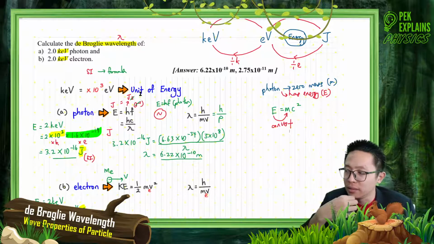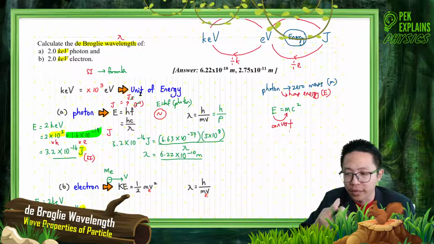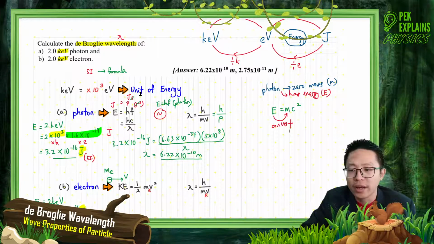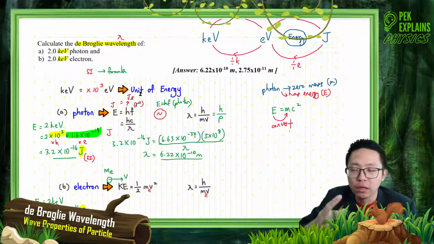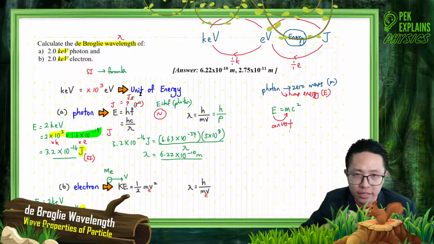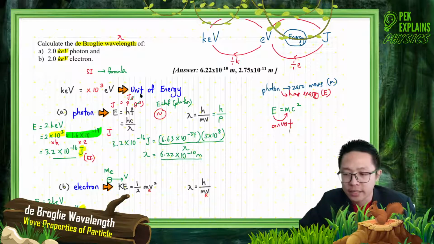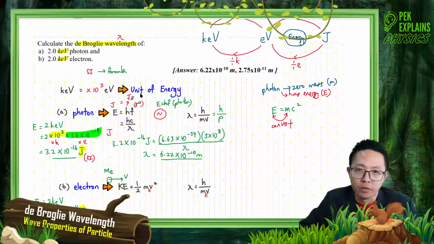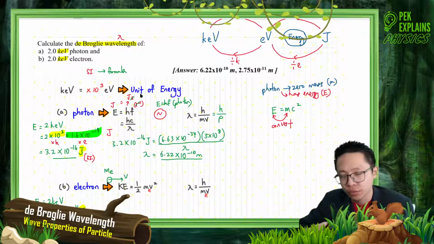That's why they use uranium to bombard the uranium, and the difference in the mass is converted into a lot of energy. So what I can say is energy and mass are both interconvertible. Energy can convert to mass, and mass can convert to energy.